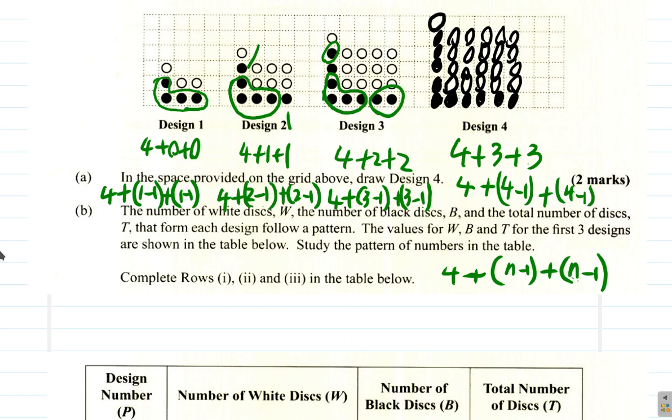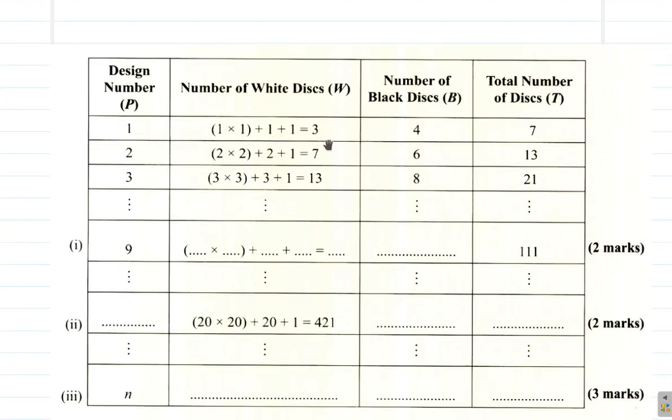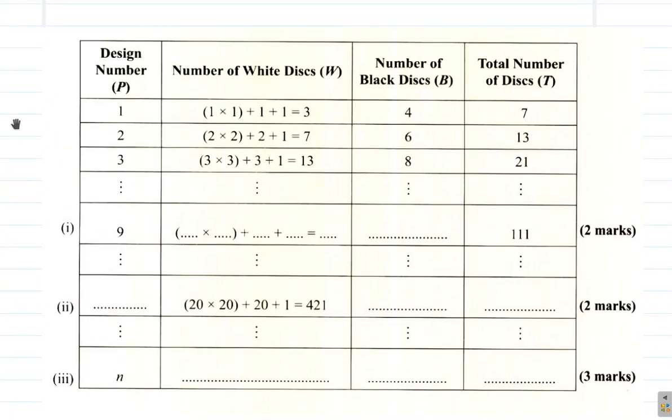Let me assume that that is the case, and for the general pattern with n, I put 4 plus n minus 1, n minus 1, plus n minus 1. Alright.